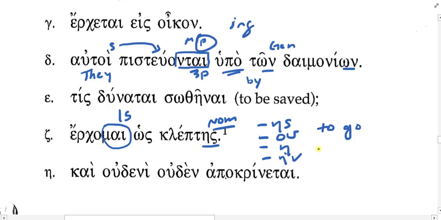Do I mean by that, I love you like I love a brother, or I love you like a brother loves people? Well, in English, it's ambiguous, isn't it? But in Greek, I have to choose a case for the word brother, don't I? So, if I chose nominative case, what am I saying?